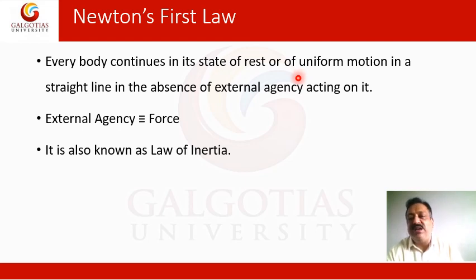So basically the answer is, on this ball an external agency is acting. Which external agency is acting? The frictional force is the external force which is acting on it and which is opposing the motion, and hence it is slowing down. In absence of friction, of course, it will continue with the uniform velocity for infinite time.